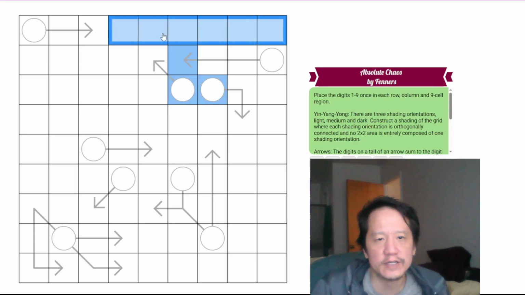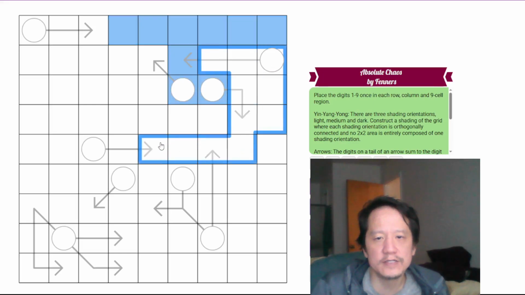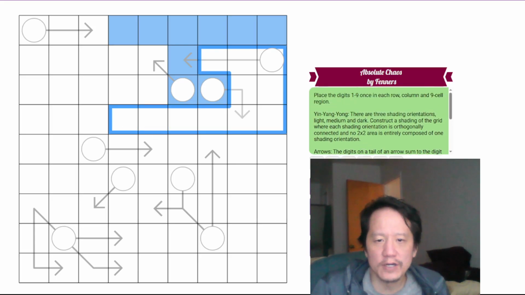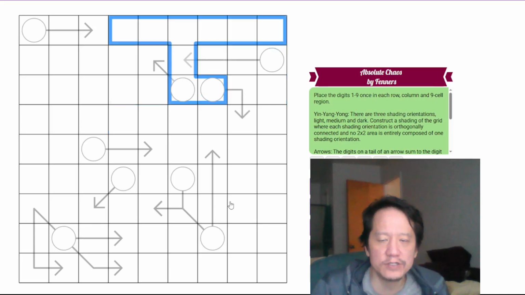This is a valid 9-cell region. But we have to divide the entire puzzle into essentially 9-cell regions, and there's no overlap. We also have yin yang yang, where there are 3 shading orientations, light, medium, and dark.